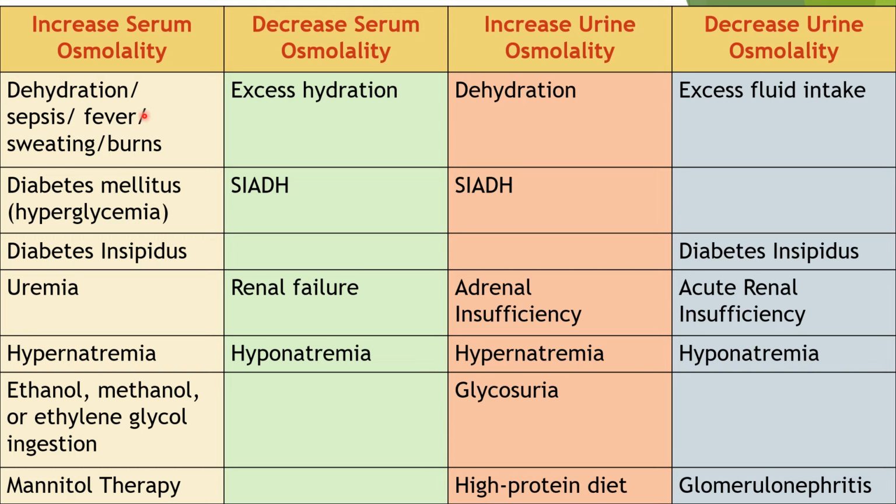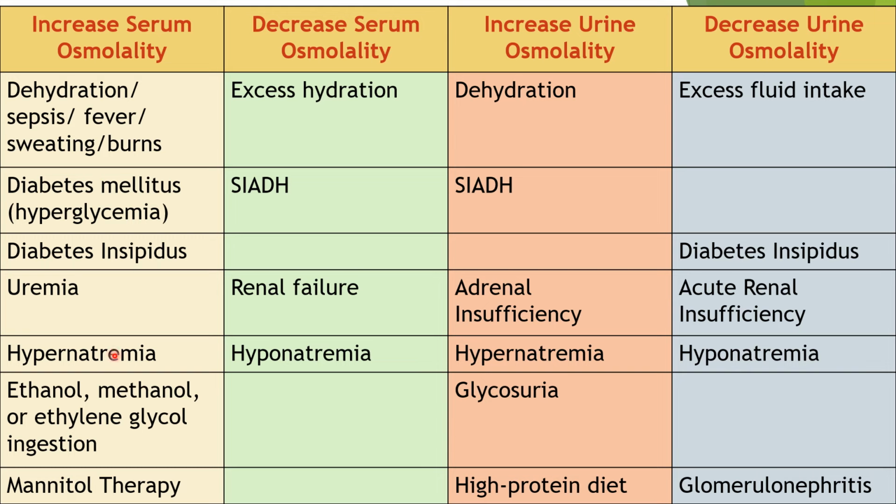In the case of dehydration, sepsis, fever, sweating, burns, you know that time the water level in our body is less. Diabetes mellitus or hyperglycemia, the sugar level is more in the blood. Diabetes insipidus. In diabetes insipidus also, what happens is the number of solutes is increased. In uremia, the waste products are more in the blood.